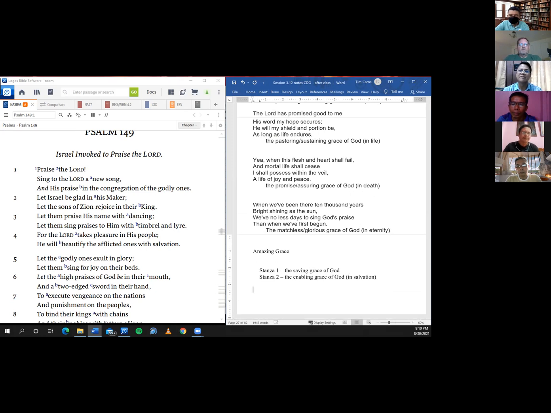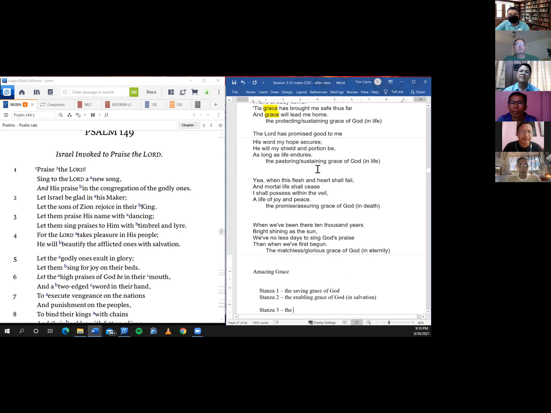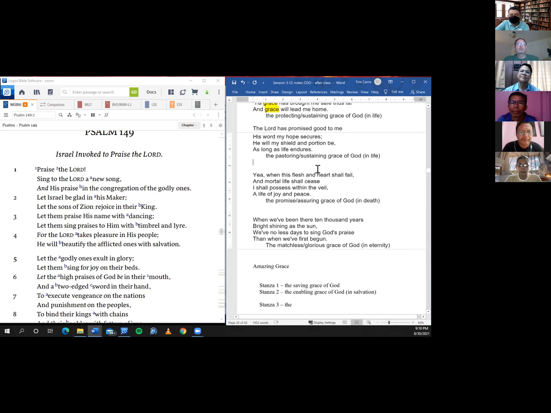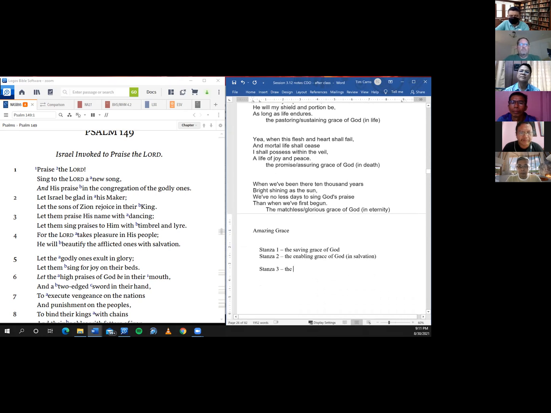And then we have the next two stanzas. What do we call that first one? Sustaining, or maybe the protecting grace of God in life. The sustaining grace of God in life.